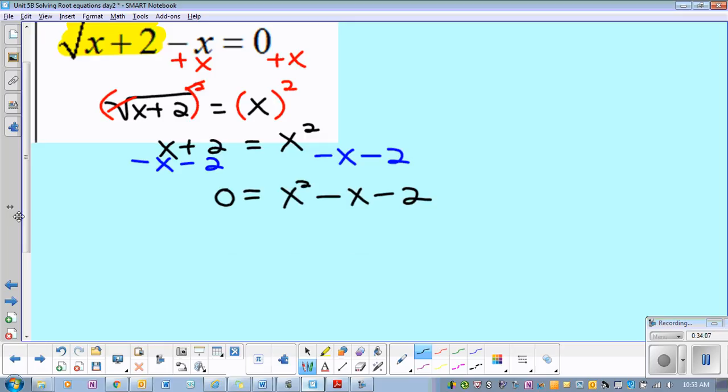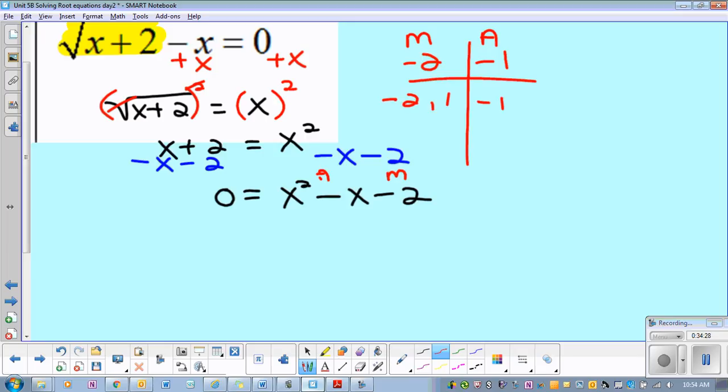So like you said, this is solving by factoring, and it's using AM. Well then, let's see. Two numbers that multiply to give me negative 2 and add to give me negative 1. What are they? Negative 2 and 1. Good.